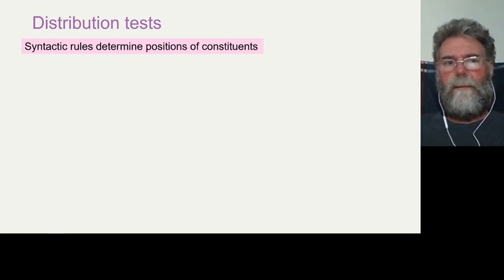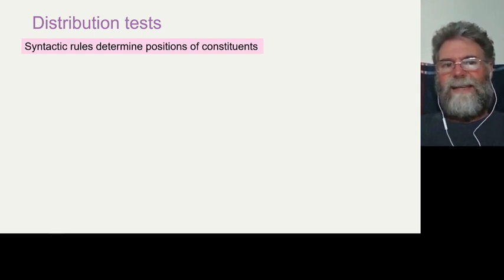Let's look at some empirical reasons why we want to consider the verb phrase to be made up of the verb plus whatever follows it. Well, we know that there must be rules in the grammar that tell us how to put things into sentences, how to combine words into phrases and then into sentences.